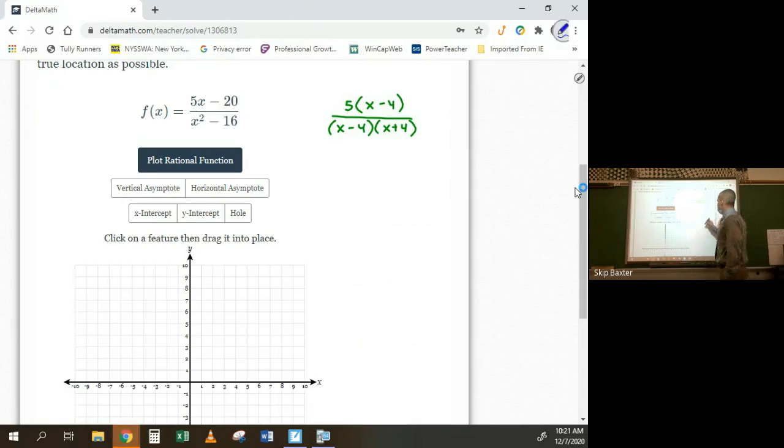So if you observe here, there's not a matching factor for that, but there is a matching factor for that. So this corresponds to a vertical asymptote, and this corresponds to a hole.